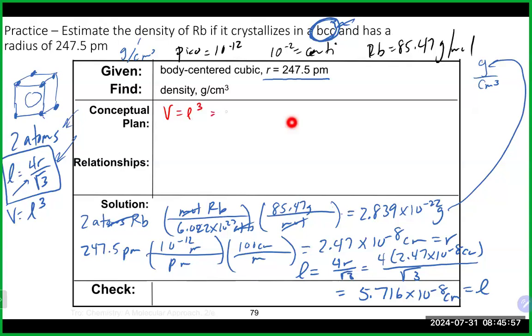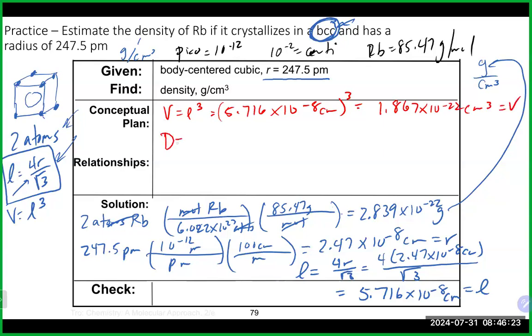So that's going to give us 5.716 times 10 to the minus 8 centimeters, and again, we're going to cube it. If we do that there, looks like 1.867 times 10 to the minus 22 cubic centimeters, which is our volume.